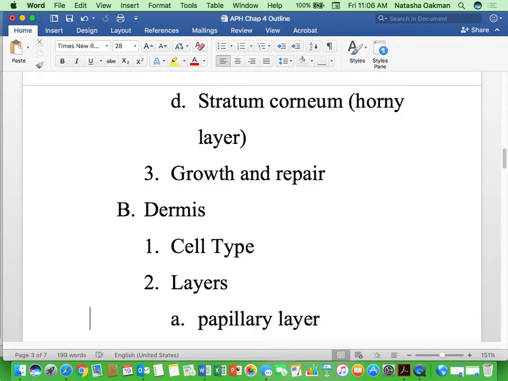The papillary layer is very uneven, and it has little projections called dermal papillae. Like papillary, take off the Y and put an E on the end.